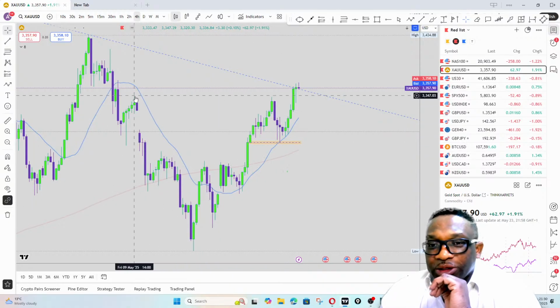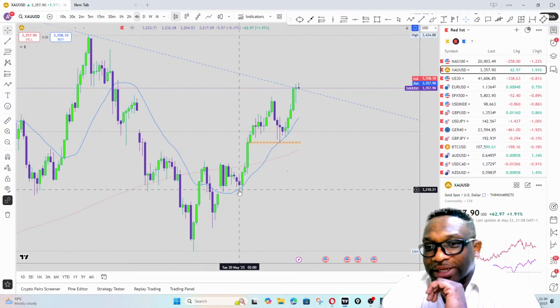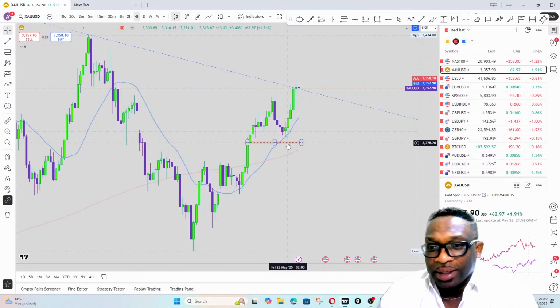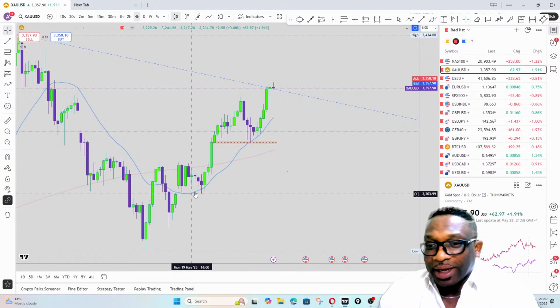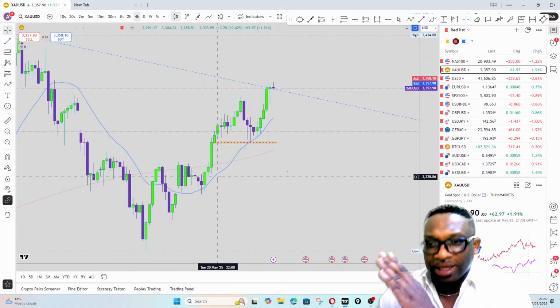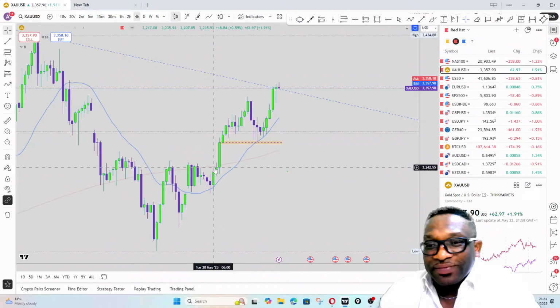Already using the 20 moving average, which I have placed on my chart here, the blue line you see here is the 20 moving average. Without doing anything, I know when the 20 moving average is rising, it's a good idea to follow it to trade up, as these are institutional reference points.